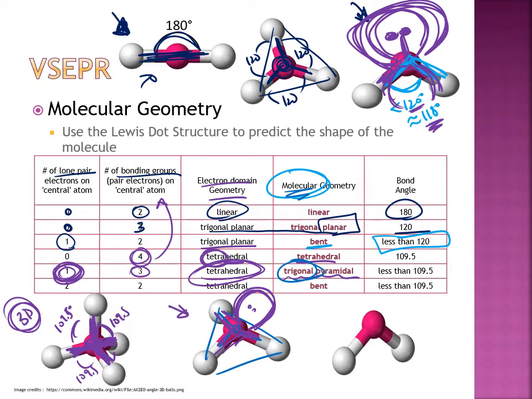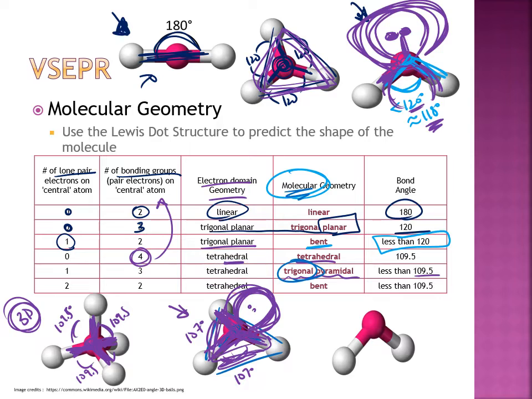And so the bond angle is going to be not quite 109.5, but just a little bit less, maybe like 107 degrees, because these guys take up some space and push the legs of that pyramid a little bit closer to each other. So instead of being a flat triangle like we have up here, we're now going to have a triangle in a pyramid down here.